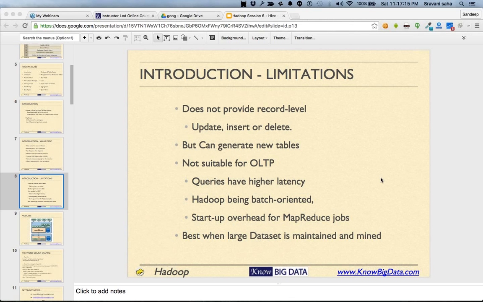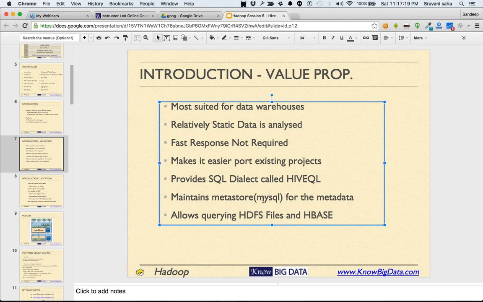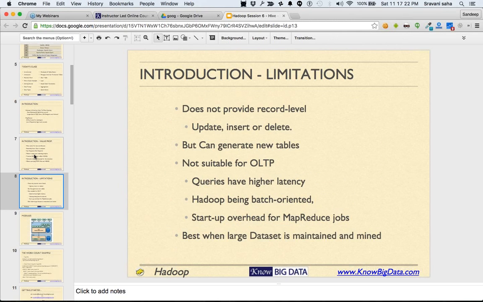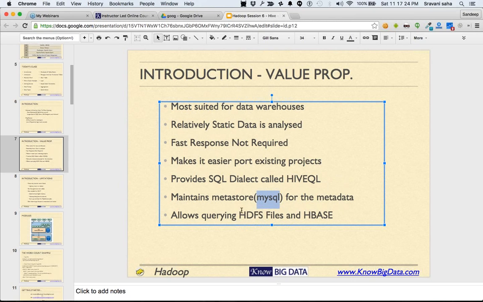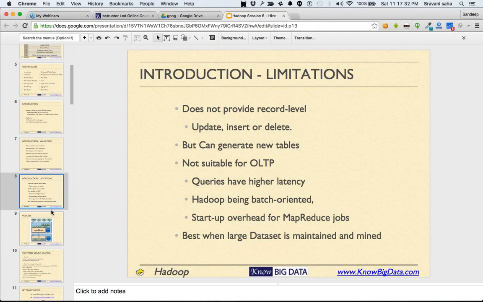All right. This metastore, as I told you, is stored in MySQL. The metastore is in MySQL.